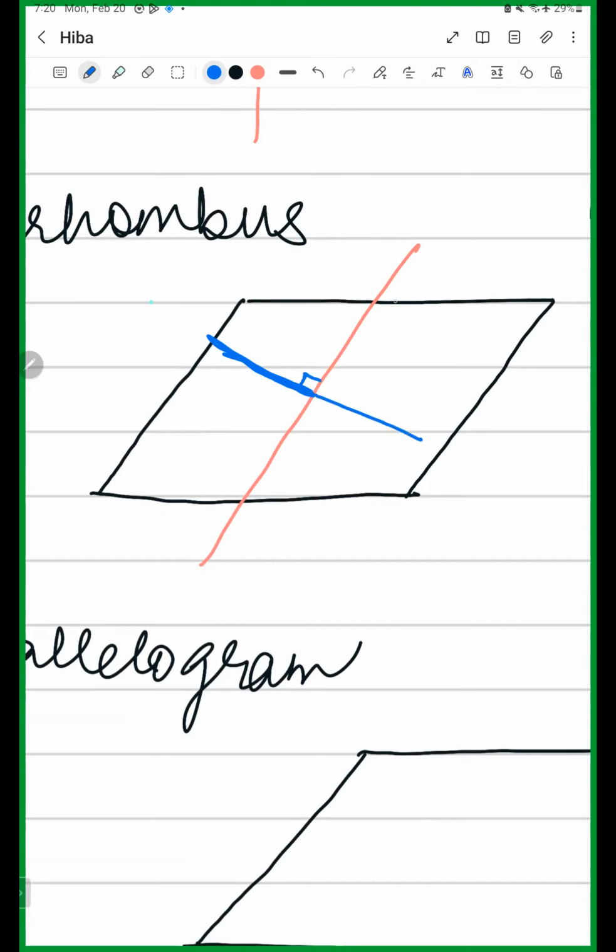Then it would have been symmetrical. But if the object is like this, then just look at the mirror, it is at an angle, है ना? So this would have been like this.